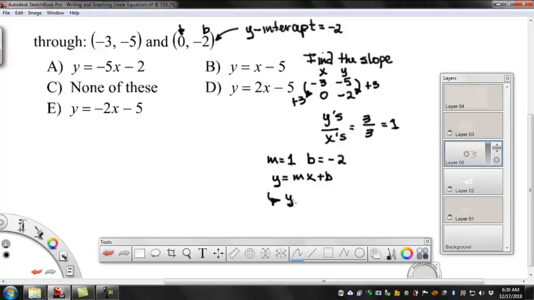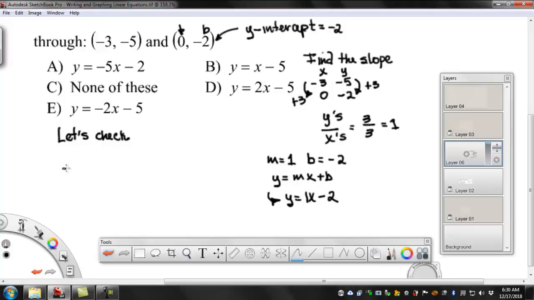Now we'll go ahead and substitute 1 in for m and negative 2 in for b. Now if we look at our equations, none of them work. So it looks like C may be the right solution.